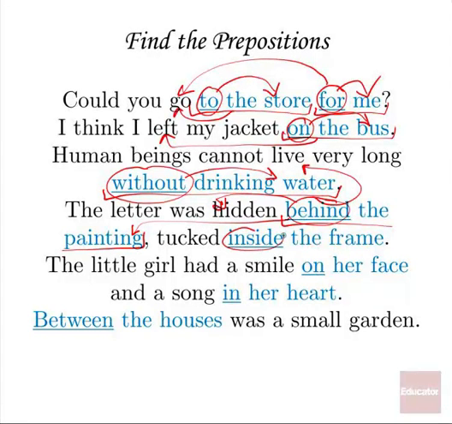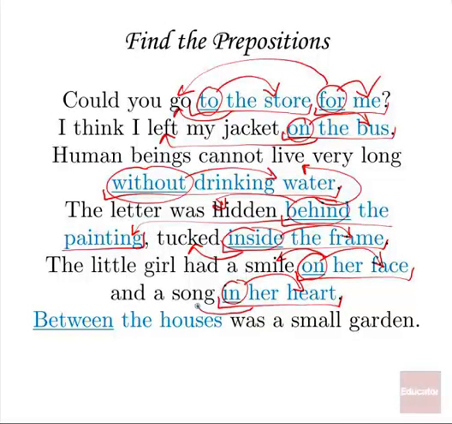Tucked inside the frame. Modifying tucked. The little girl had a smile on her face, acting as an adjective, modifying smile, and a song in her heart. Once again, acting as an adjective, modifying song.